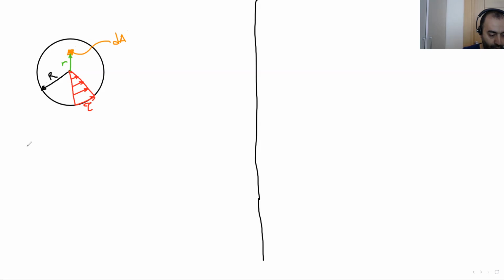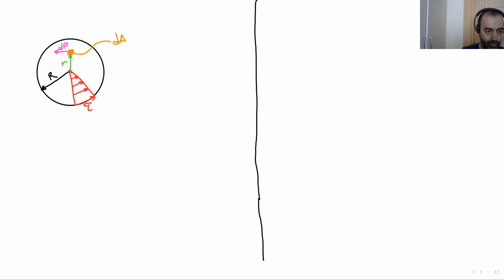And the force on this orange area is dP. Okay. Now, the stress on this orange area is tau prime.